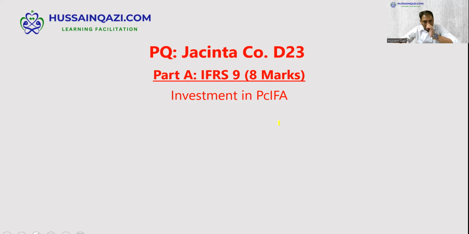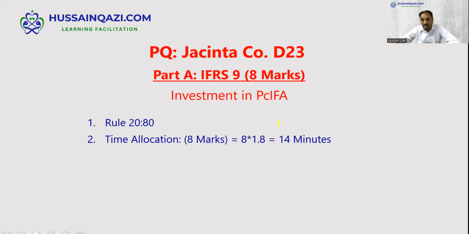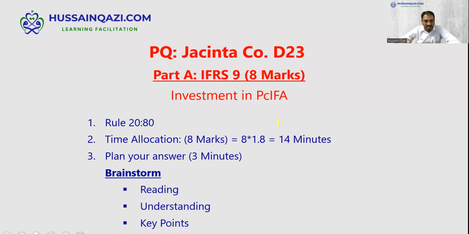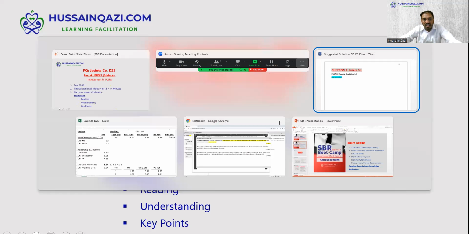Number one, it is an 8 marks question, so allocate your time. Number one rule: for 8 marks you have 14 minutes. Number one, 3 minutes you have to invest for planning and brainstorming, which includes reading, understanding, and identifying the key points. Sir, what should be the key points here?